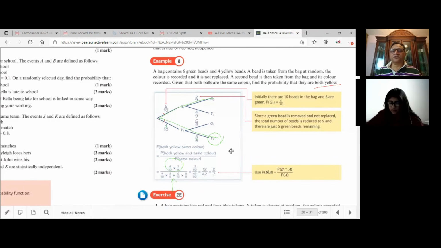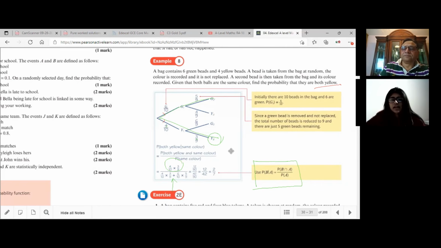Now, in such questions, a very important thing is how do we define an event? That is actually kind of missing here. The formula is given here, the probability of B when A has occurred, and I do agree with the formula. So tell me, what is event A and what is event B?